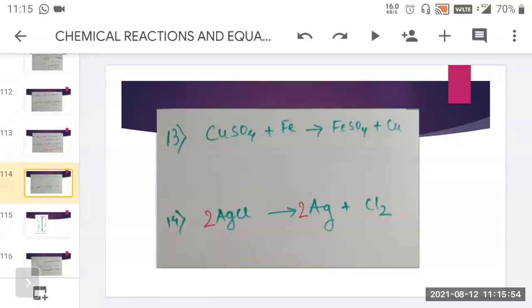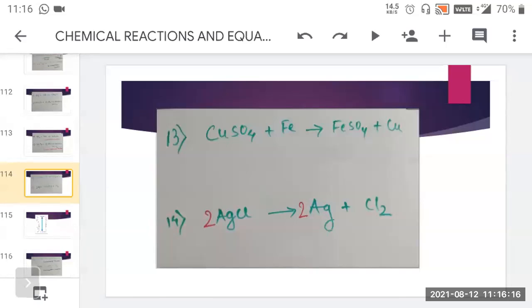But here two reactants are there. So it is not a decomposition reaction. Then comes the displacement one, with a single displacement, where one compound and one element should be there.